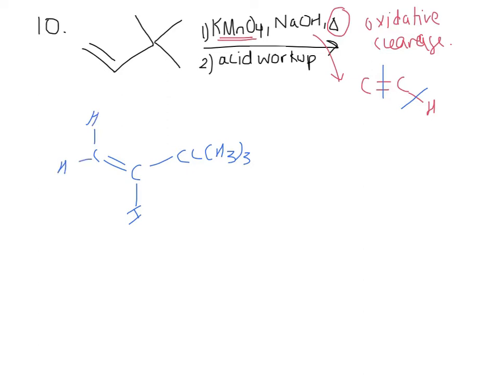Given the conditions, I know automatically I'm going to be breaking that double bond, and when you do that, you just automatically break the double bond and replace it with a double bond O, double bond O. That's always going to be a given. The only thing hard about these reactions is recognizing what happens when I break my CH bonds, because all three of these CH bonds off the alkene will break. I do not touch the CH bonds over there, and I do not touch the CC bonds.